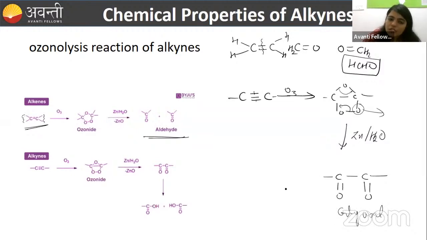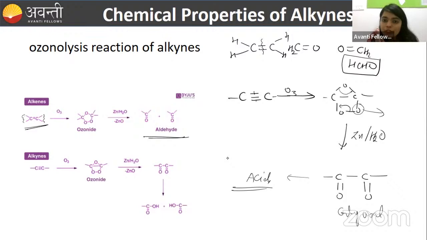So this glyoxal, on hydrolysis, can also be converted into your acid. First aldehyde, then acid. So this is quite an important reaction, ozonolysis. You need to understand this reaction as compared to alkene.